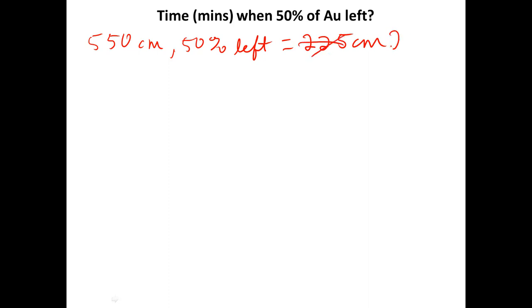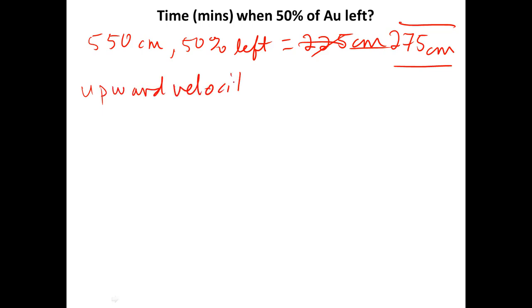275 centimeters is half that distance. Our upward flow of methanol, or velocity of methanol, that was given at 1.5 times 10 to the minus 3 centimeters per second.